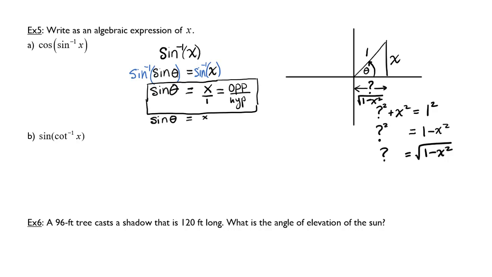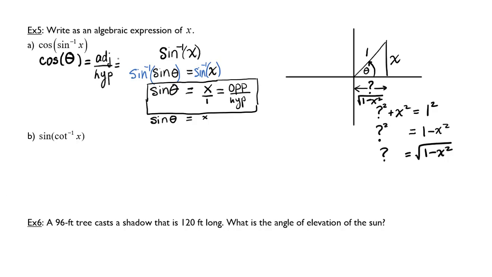Sine inverse of sine of theta gives me theta. So this is like saying cosine of theta. There's a lot of stuff going on here. You might need to practice this a few times. Now, cosine of theta is saying I want adjacent over hypotenuse.